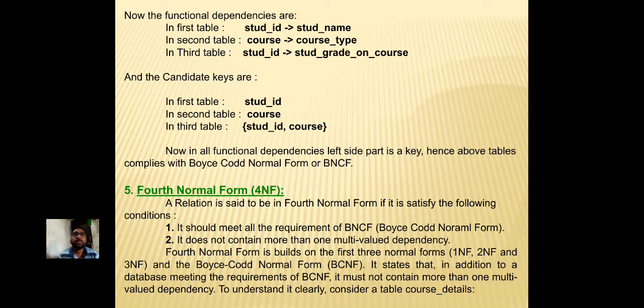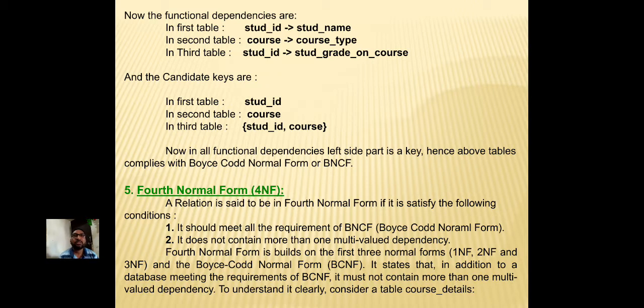Now the functional dependencies are: in the first table, student ID determines student name; in the second table, course determines course type; and in the third table, student ID and course determine student grade on course. The candidate keys are student ID in the first table, course in the second table, and student ID and course in the third table.